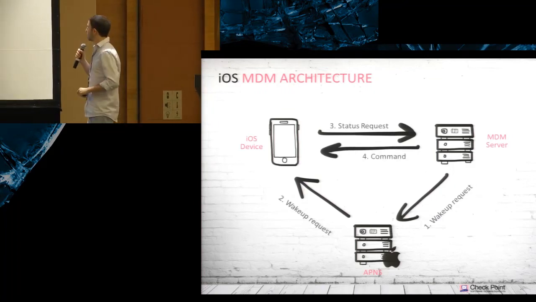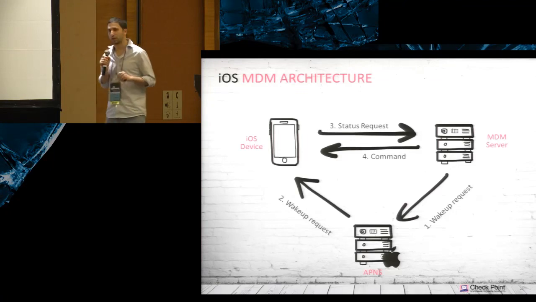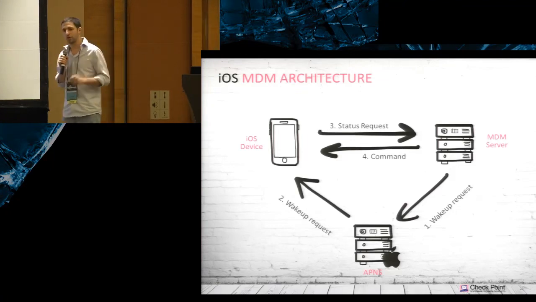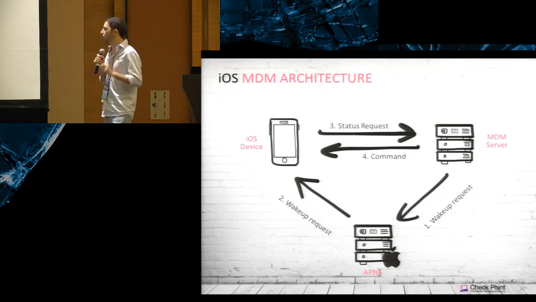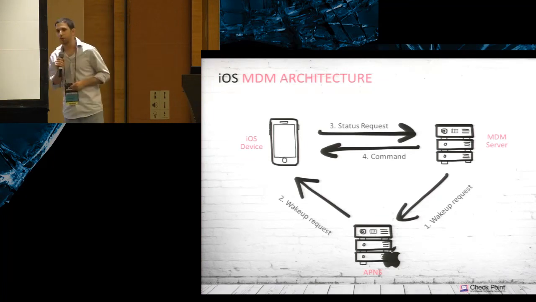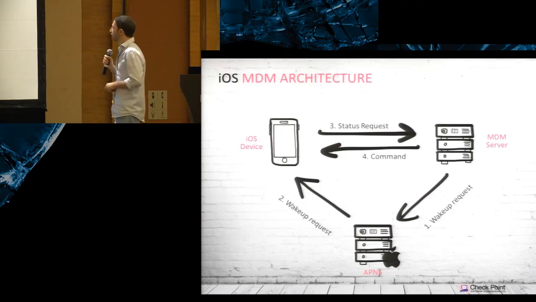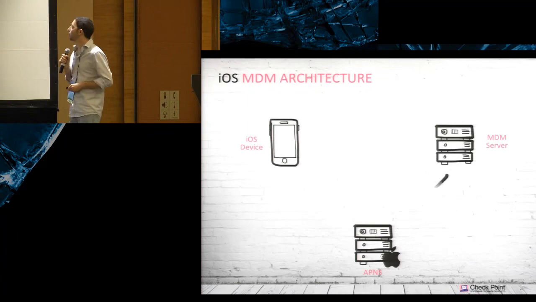And what's interesting here is that the communication between the MDM server and the iOS device is not using SSL pinning. And this is in contrast to almost every other iOS Apple service, which use SSL pinning. SSL pinning is done in order to prevent a man-in-the-middle attack, meaning the communication between an iOS device and the MDM server is exposed to a man-in-the-middle attack.